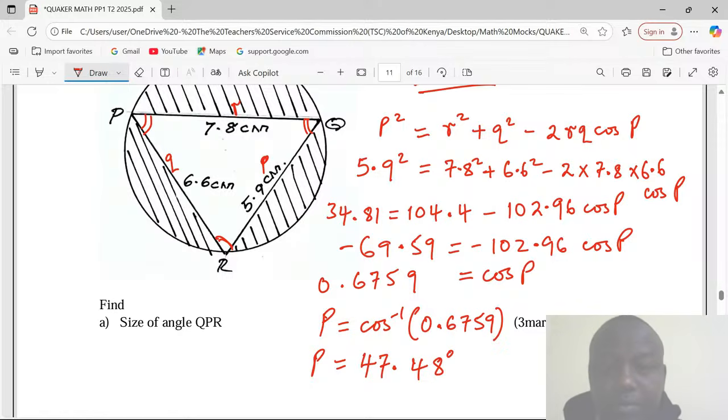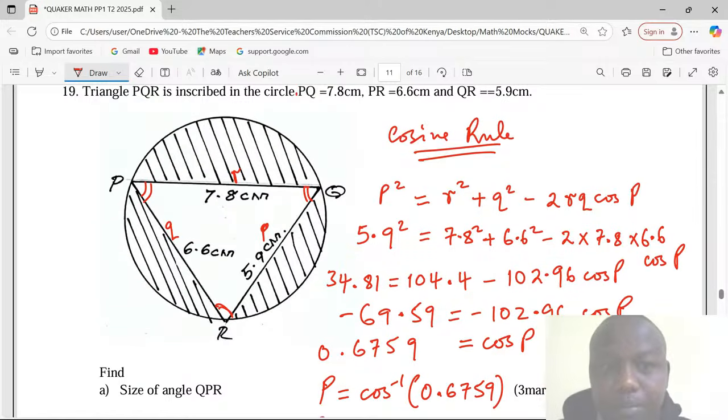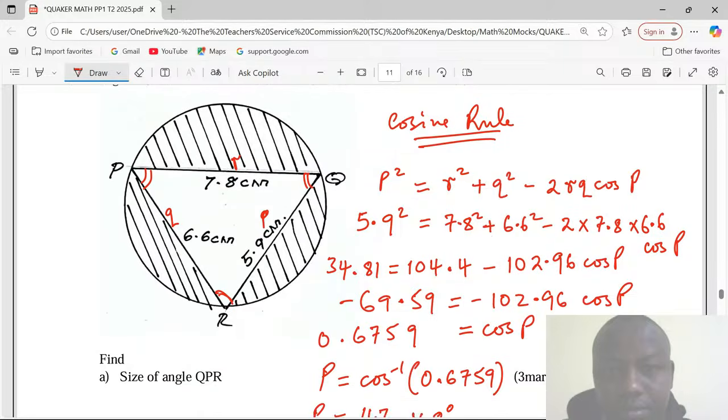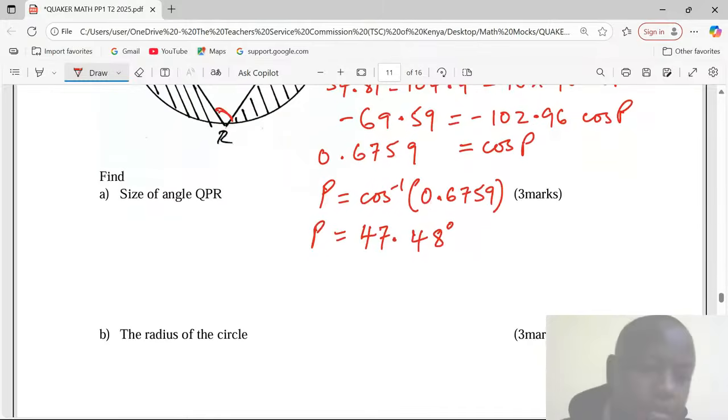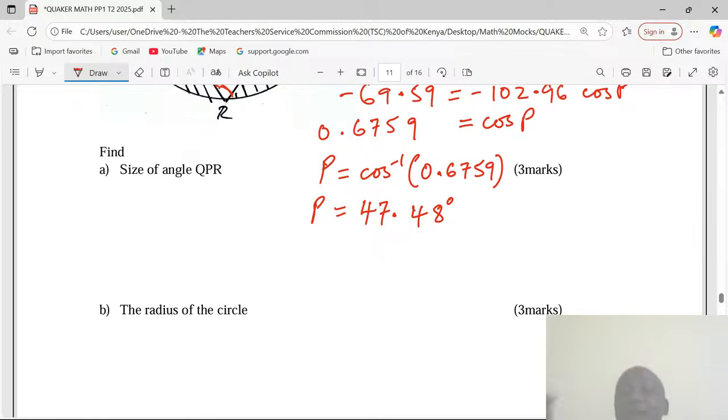We allocate marks for proper interpretation of the formula. So apart from memorizing the formula, understand how you are supposed to apply it.